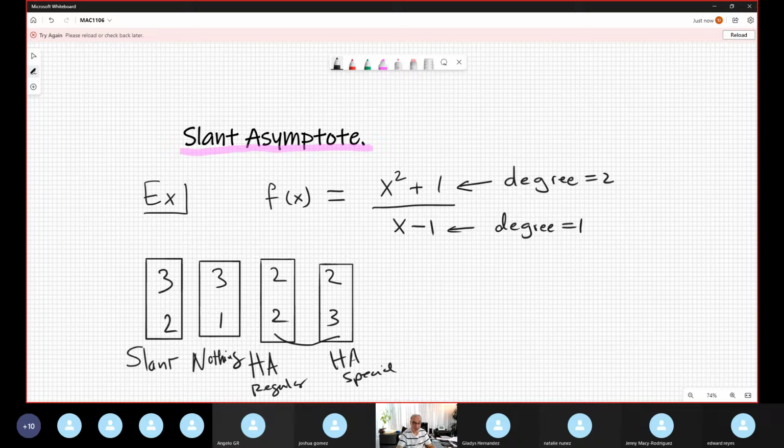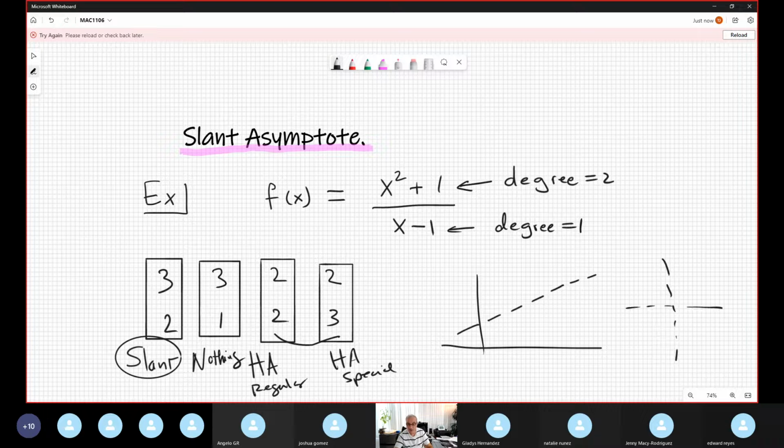Cool? And the geometrical interpretation for slant. Well, this is the oblique line, like that. Remember, we studied vertical, it was like that. We studied horizontal, like that. Now it's a slant.